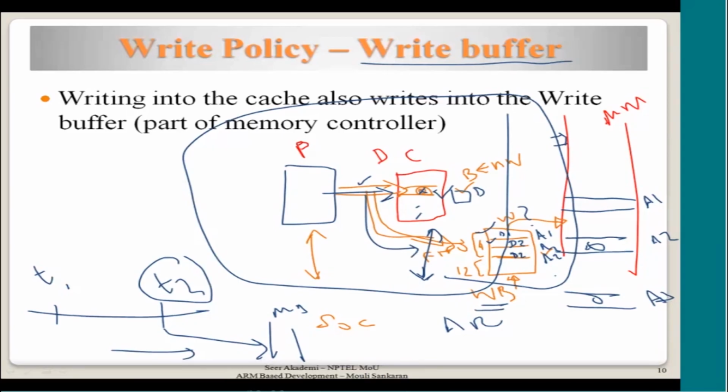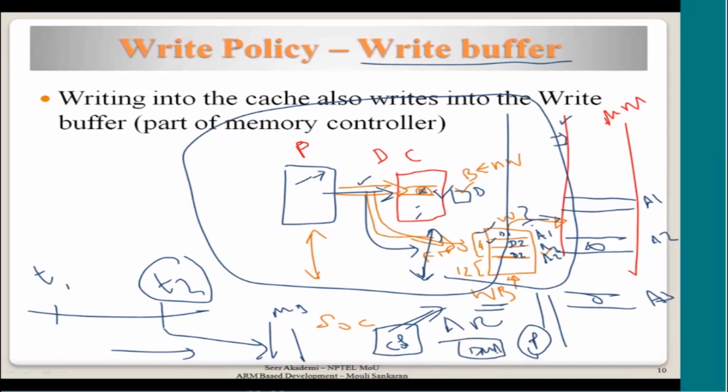Now let me tell you one scenario where the write buffer is not getting any memory cycle at all to pump these values into the main memory. When will it happen? When the program is also getting access from the same bus, or a new memory cycle is happening, or the coprocessor in the system is accessing the main memory so often, or the DMA is doing something.